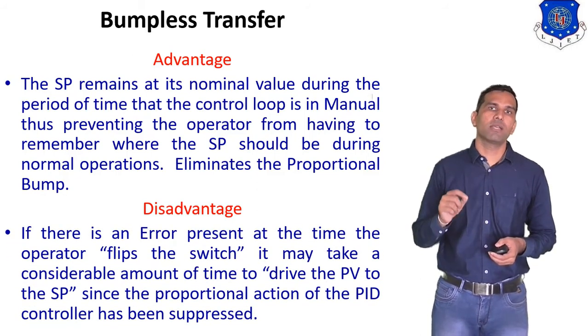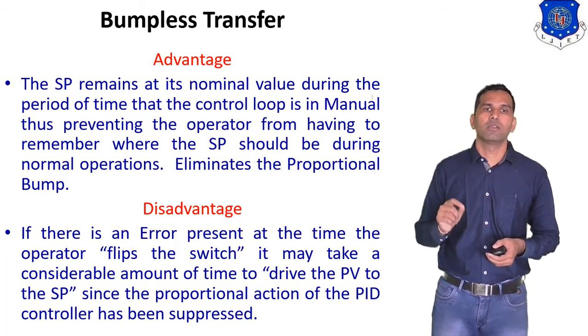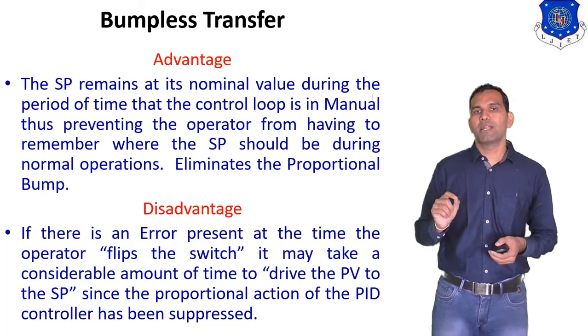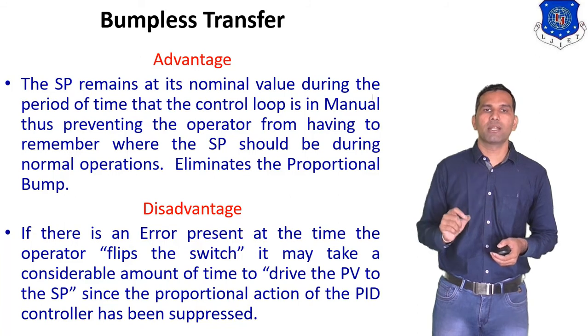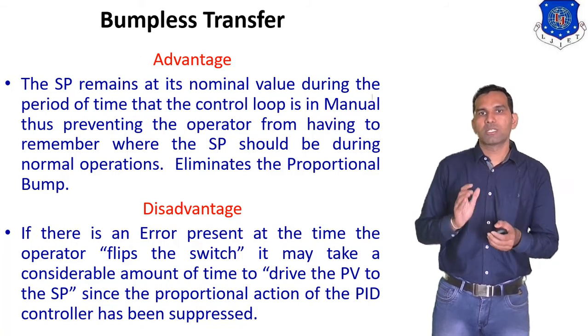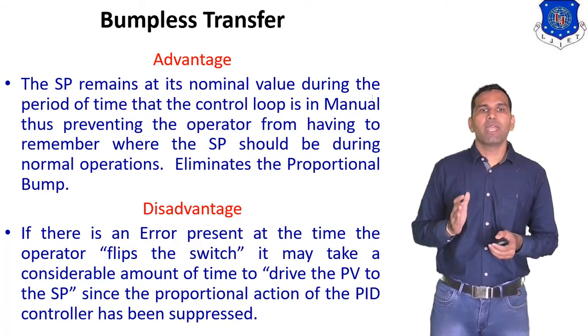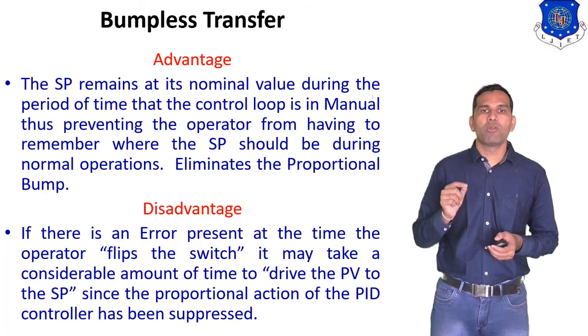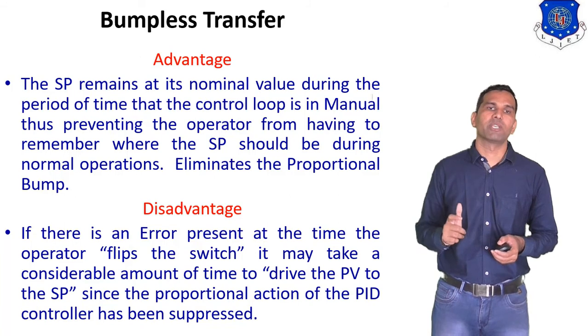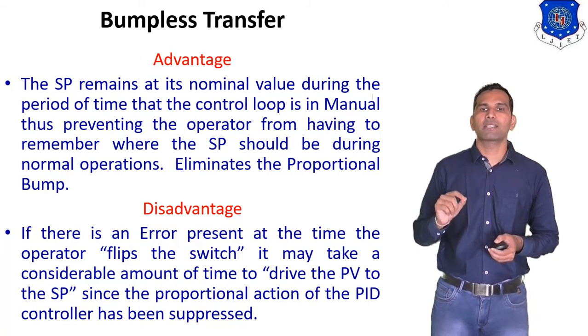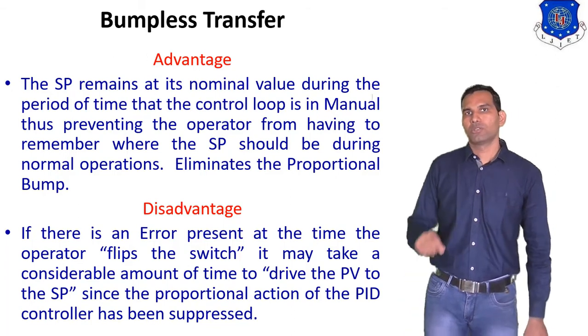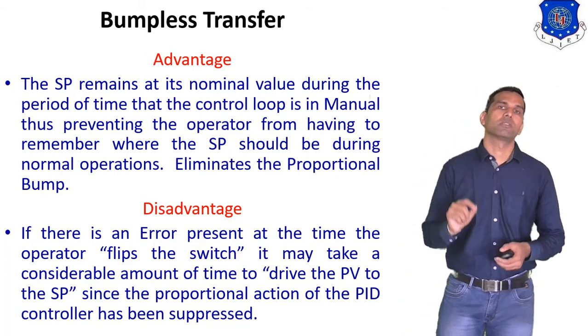And now this system also has a disadvantage. If there is an error present at the time the operator flips the switch, it may take a considerable amount of time to drive the PV to the SP, since the proportional action of the PID controller has been suppressed. So this is the main limitation of this system.